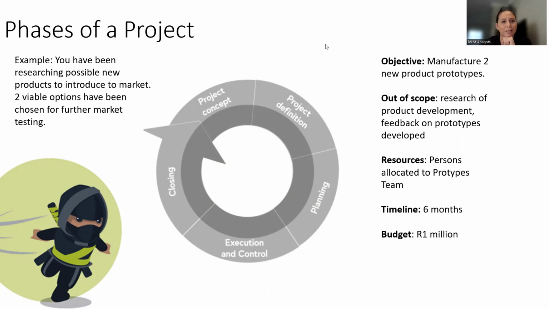Timeline is 6 months, budget is 1 million. So in the chat, could you just put, do you think that this information would belong to project concept, project definition, planning, execution and control, or closing? Where do we talk about objective, scope, resources?